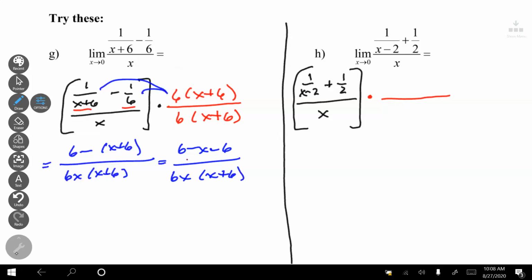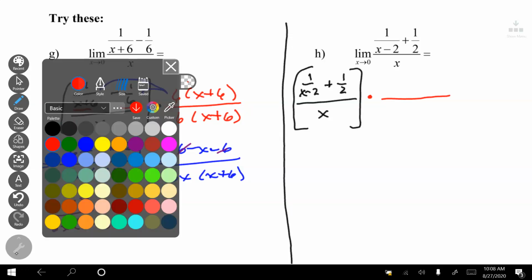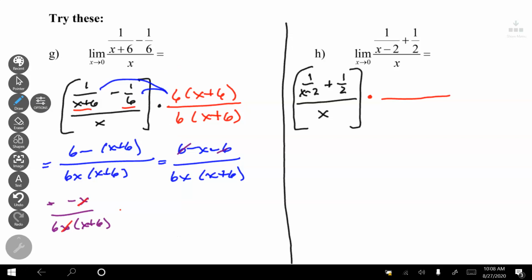And that gives me, well, these 6's cancel out. Negative x over 6x, x plus 6. And now these x's cancel out. I have negative 1 over 6 times x plus 6. Remember, we're using x equals 0. I plug 0 in here, and I get negative 1 over 36. Negative 1 over 36.